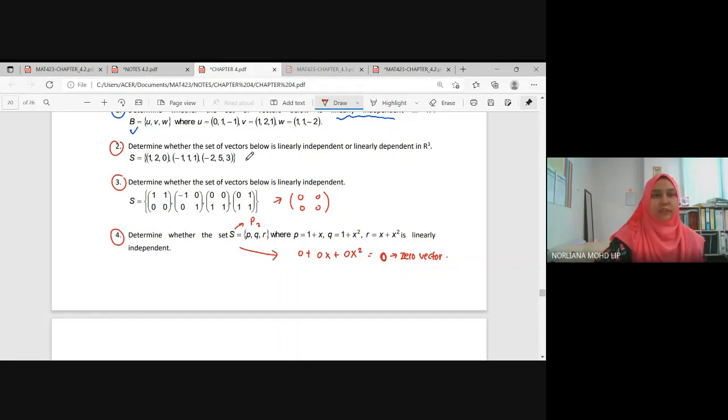Nombor 2 ni tadi, awak boleh gunakan determinant kan. Dan nombor 2 dapat not linearly independent. Linearly dependent. Ini nombor 2 jawapan dia. Number 3, linearly independent.